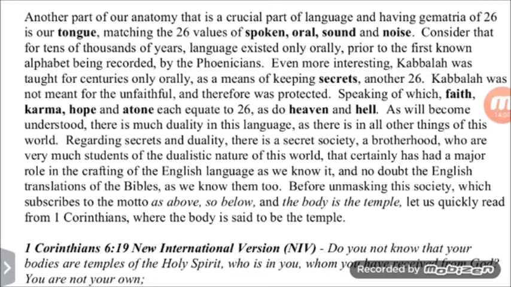Before unmasking the society, which subscribes to our motto, as above, so below, and the body is the temple, let us quickly read from 1 Corinthians, where the body is said to be the temple.